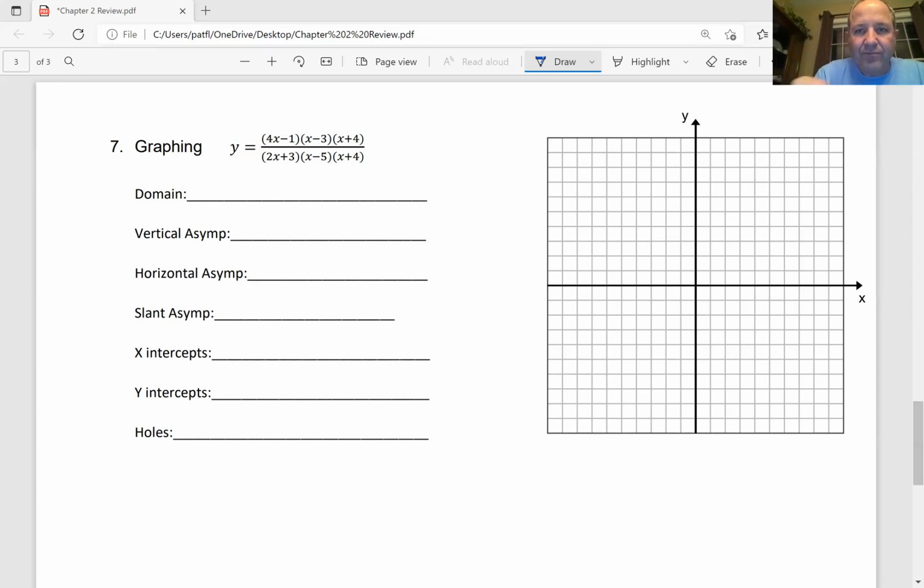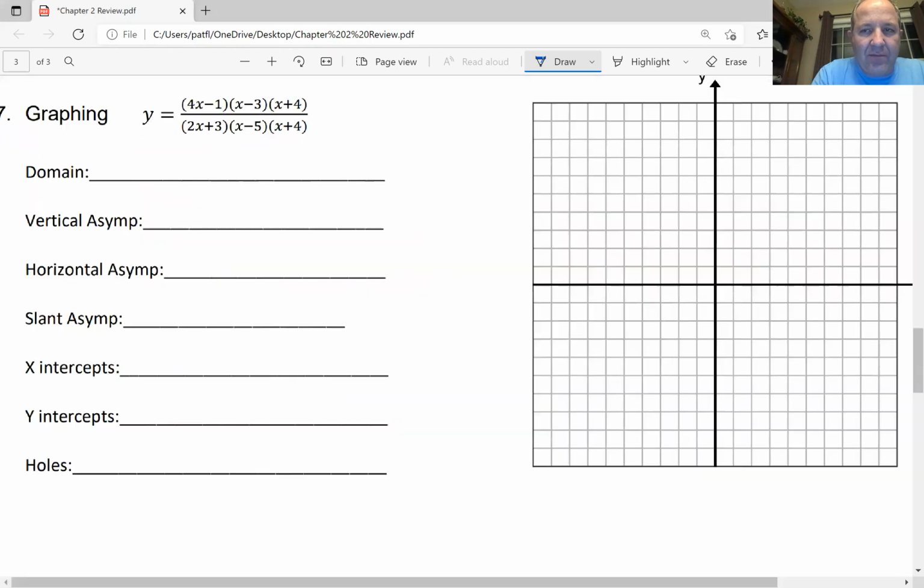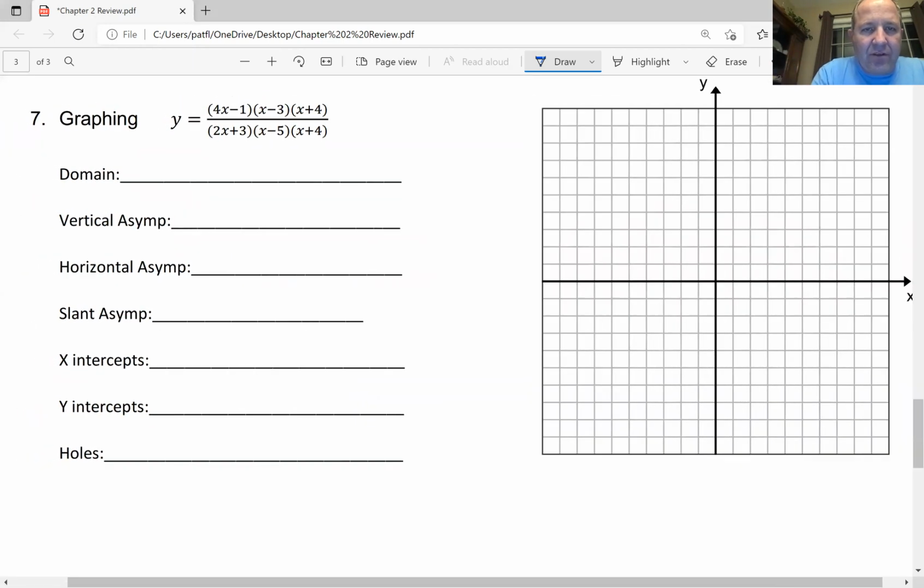All right, so the way this one works out is we look closely and we notice that the x plus 4's cancel. So that means we do have a hole when x is equal to -4, right? We'll figure out the y value in a bit. Domain is all reals except 5 and -3/2, right?